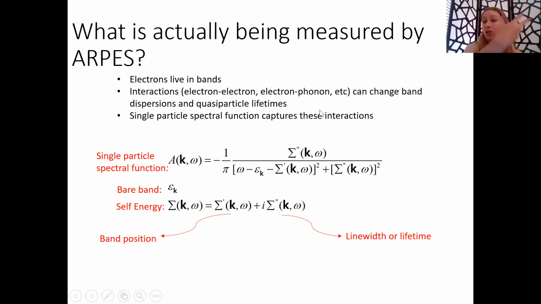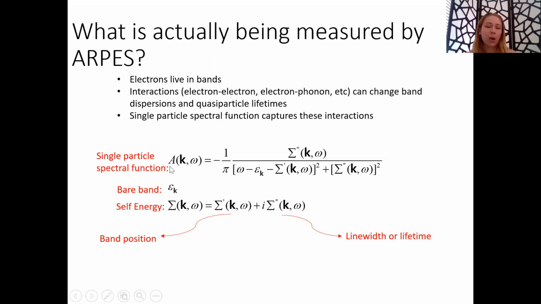So in a free electron gas, which was in mini lecture 2, the electrons are fundamental particles and they live an infinitely long time. In a crystalline solid, one thinks of rather than infinitely long lived electrons, quasi-particles that are electrons and interactions that might have some finite lifetime. So anyway, the single particle spectral function, which is what is measured by ARPES, captures both band structure and interactions.